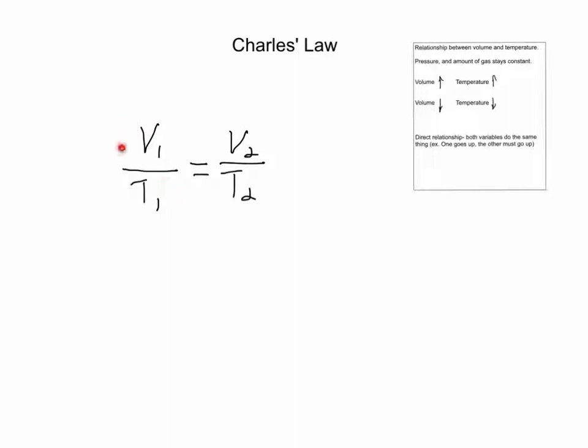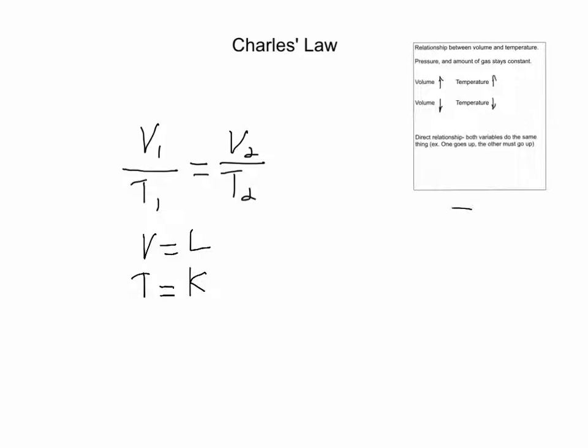The volume under the first set of conditions with its temperature equals the volume under the second set of conditions with its temperature. The volume must be in liters, and the temperature must be in Kelvin. So if you're given a unit that's not liters or Kelvin, you're going to have to convert.